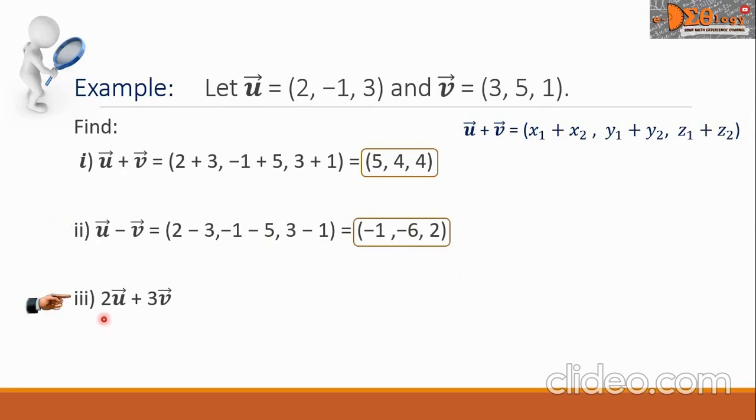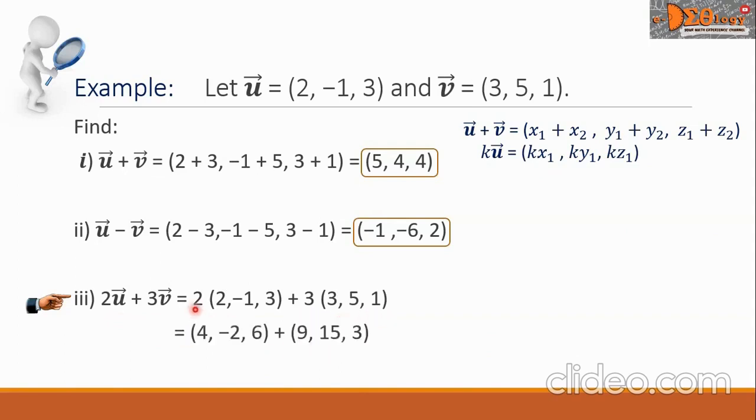The third one is 2 times vector u plus 3 times vector v. Our formula for multiplication of scalar with a vector is here. So what we're going to do, we multiply 2 by the vector u added to 3 multiplied by vector v.